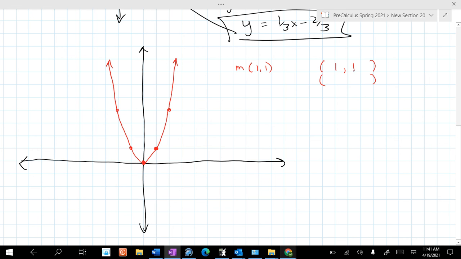So I know 1, 1 is a point, and I know 2, 4 is a point on this function. So the slope between 1, 1 and 2, 4 is 4 minus 1 over 2 minus 1, which is 3 over 1, which is 3. So the slope of the line that hooks up between these two is 3.